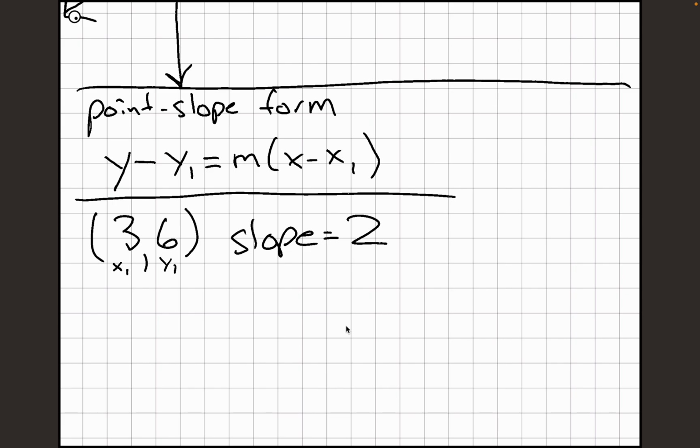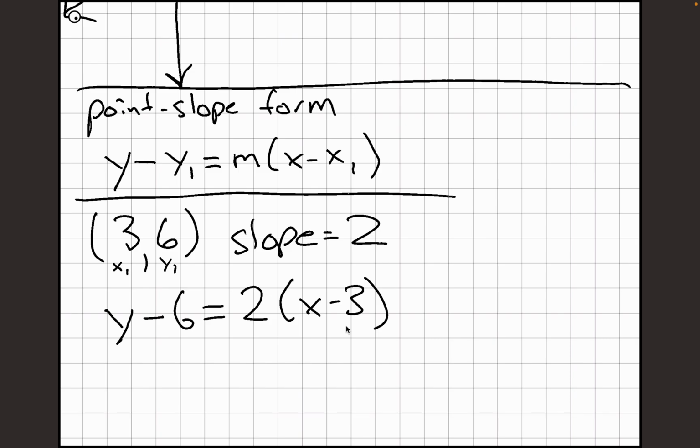We need to leave our y and our x alone that do not have the 1s. So when we plug this in, we're going to have y minus, what's our y1 going to be? 6 equals, what's our m? 2, because that's our slope, x minus 3. It's going to be just that simple.